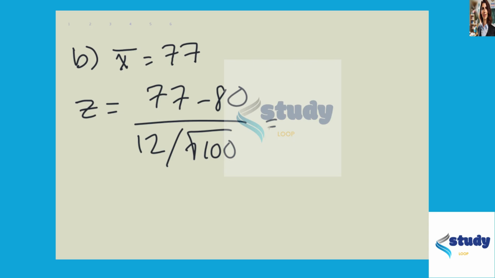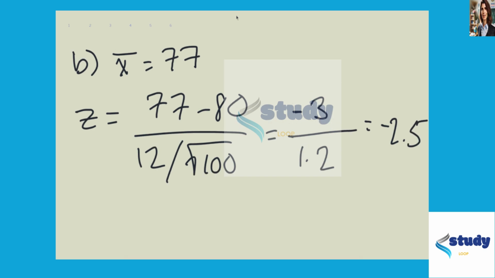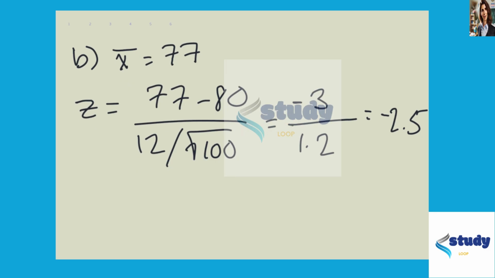This is equal to negative 3 over 1.2, which is equal to negative 2.5. Let me just check I am doing this right. Yeah, it is negative 2.5. So we have a z-value of negative 2.5.